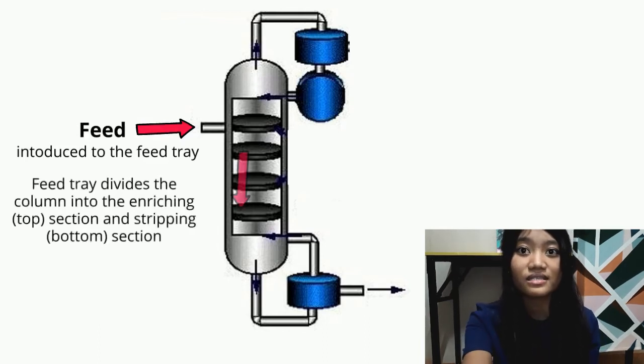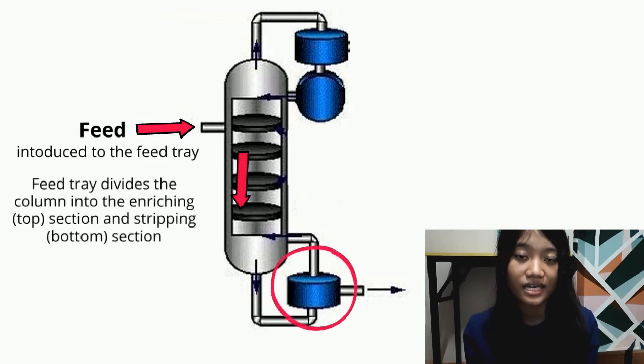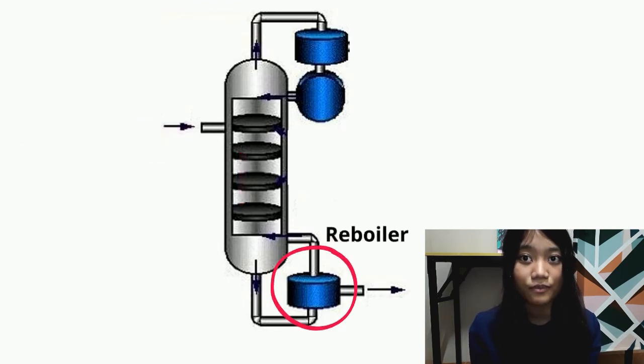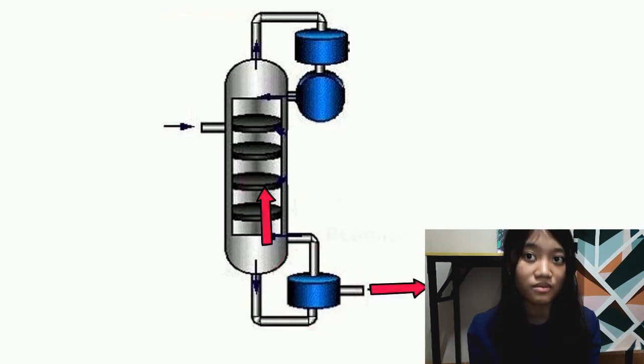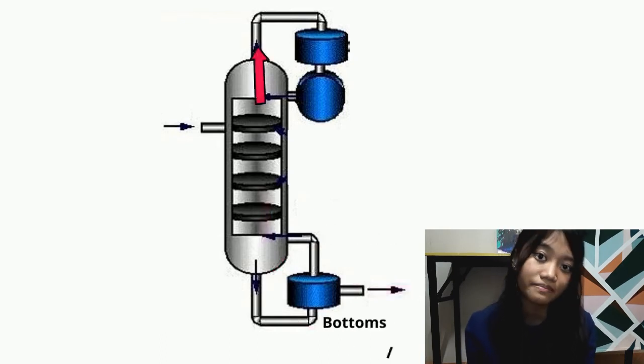The feed flows down the column where it is collected at the bottom in the reboiler. Heat is supplied to the reboiler to generate vapor. The vapor raised in the reboiler is reintroduced into the unit at the bottom of the column. The liquid removed from the reboiler is known as the bottom product, or simply bottoms or waste.